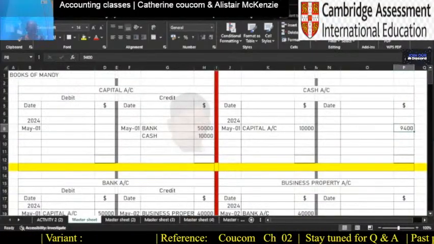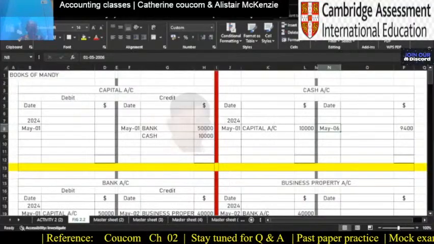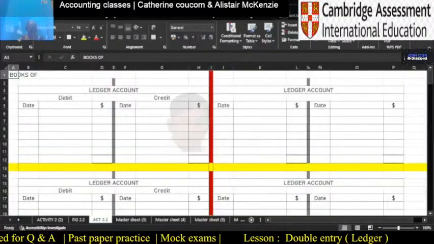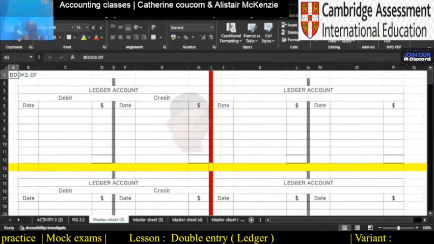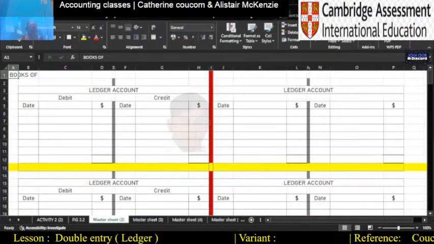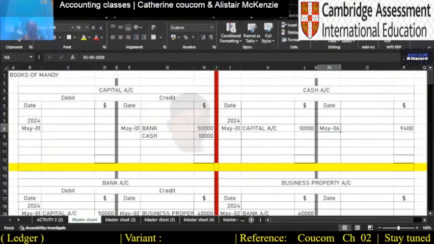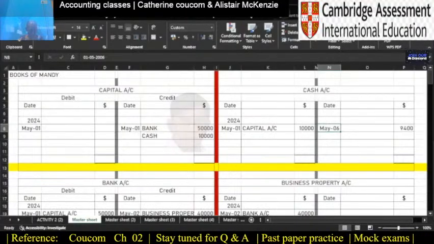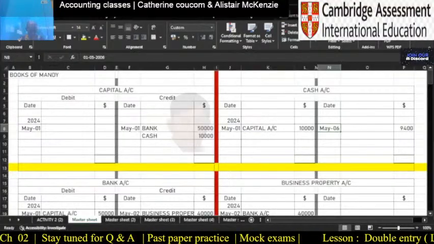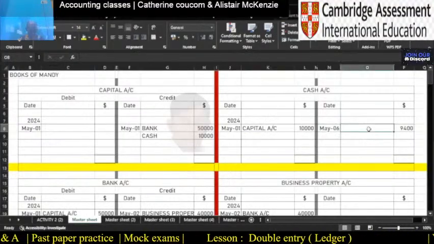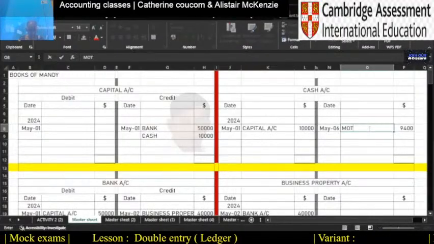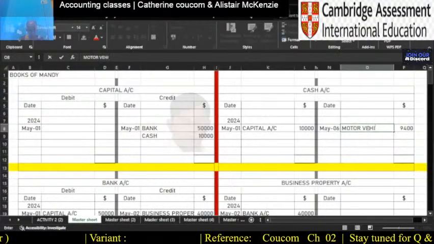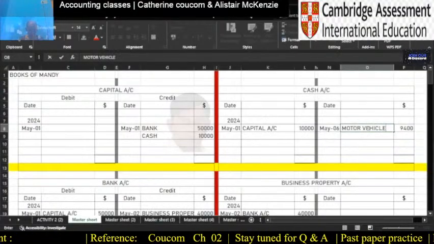Cash account. Okay. So cash account, motor vehicle. So that is how. So how much? $9,400.